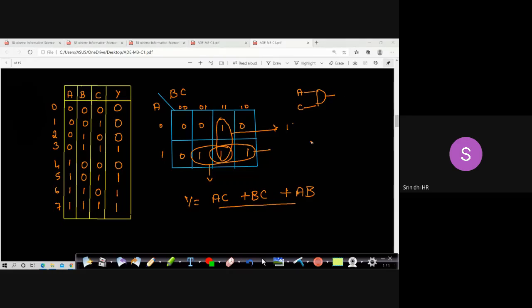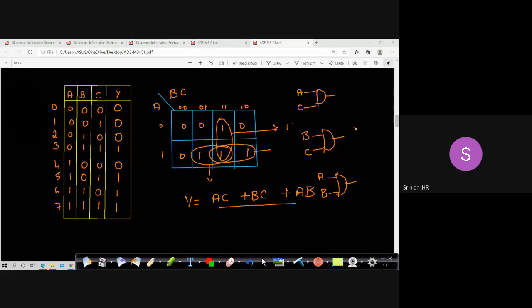Next, plus BC. I have B and C, give them to an AND gate, and the output of the AND gate is BC. Next, I have AB. This is my AB, give it to an AND gate, and the output will be AB.